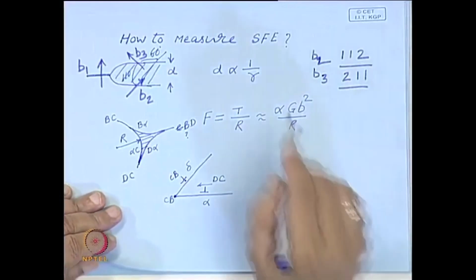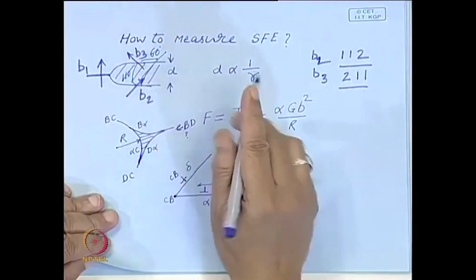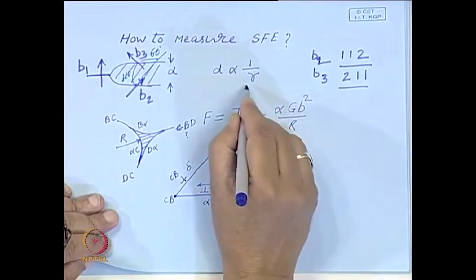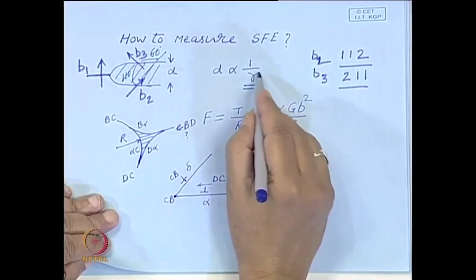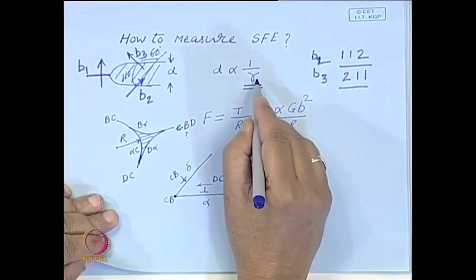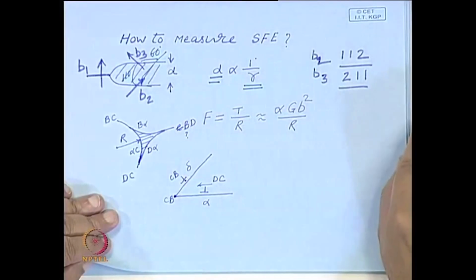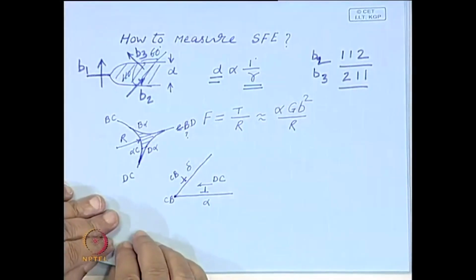Now, the question is, is it possible to measure this distance? This will depend totally on the magnitude of the stacking fault energy. If the stacking fault energy is low, this distance d is large, and in that case possibly it can be seen within the resolving power of the microscope.